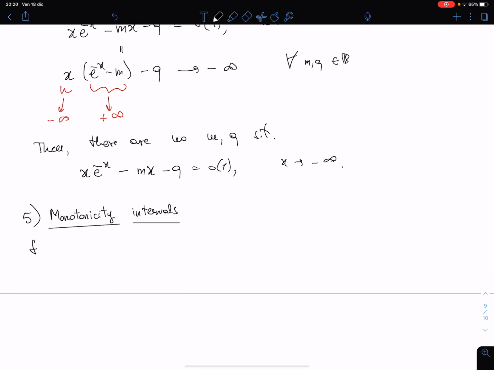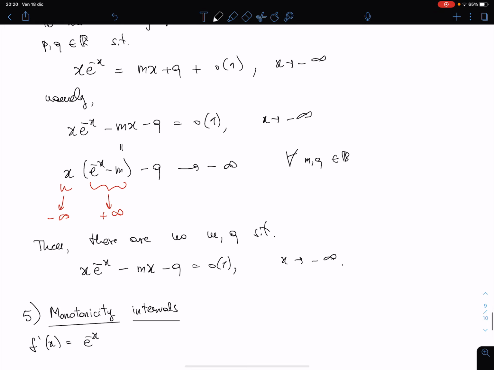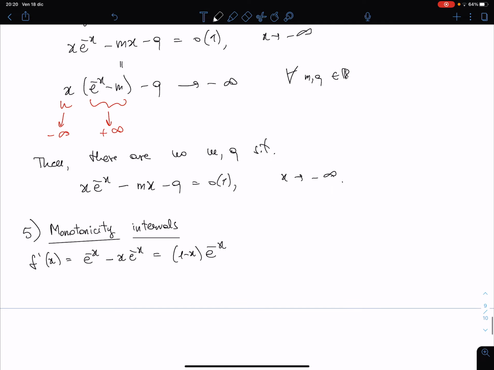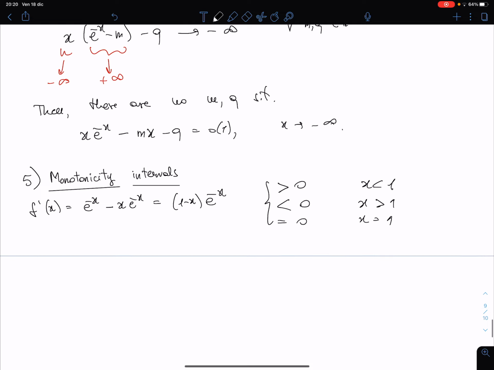So f prime of x is equal to e to the minus x minus x e to the minus x, which is 1 minus x times e to the minus x. It is very easy to study: this is larger than 0 if x is less than 1, smaller than 0 if x is larger than 1, and equal to 0 for x equal to 1. This is not 0, this is 1. It is always 1.